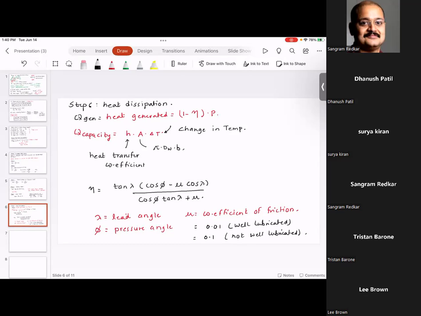If you want to be super duper accurate, the value of mu can be dependent on the rubbing velocity. So mu is 0.275 divided by VR to the power 0.25, for rubbing velocities, or the velocity ratio, the pitch line velocity, of 12 to 180.